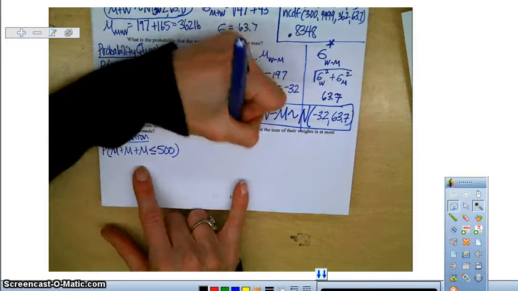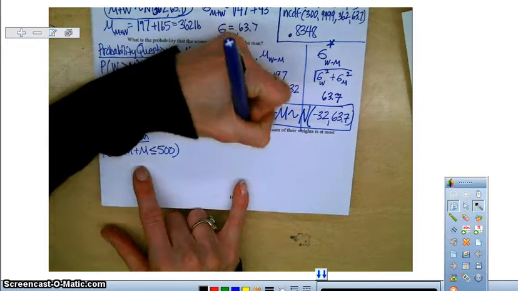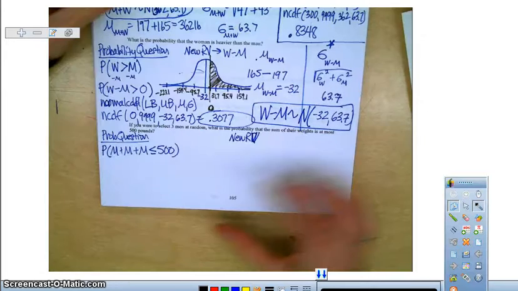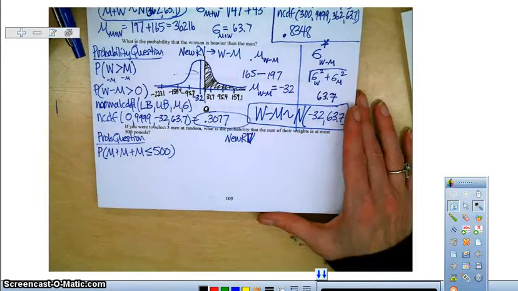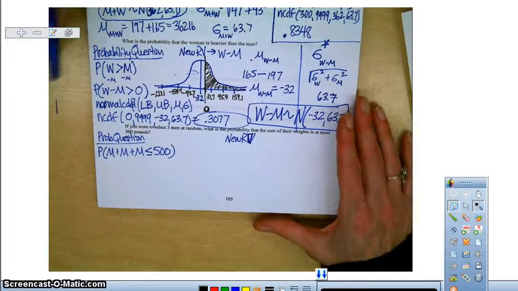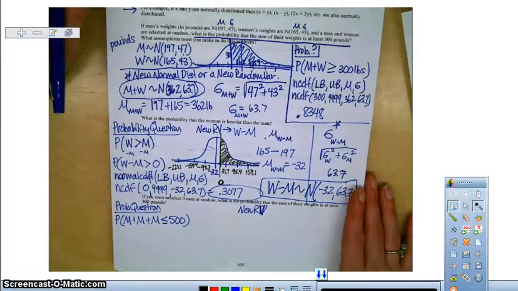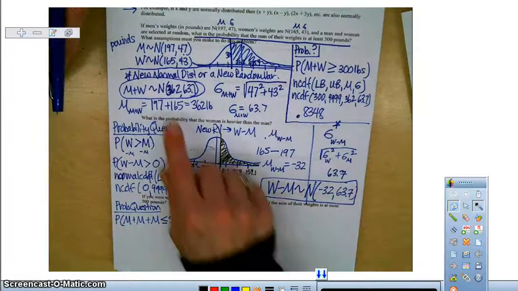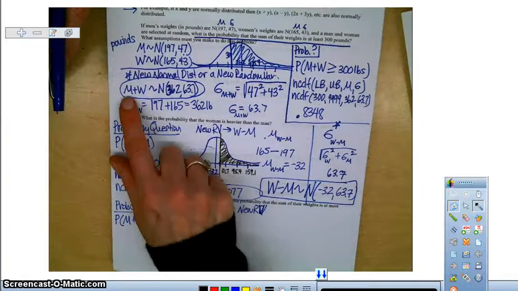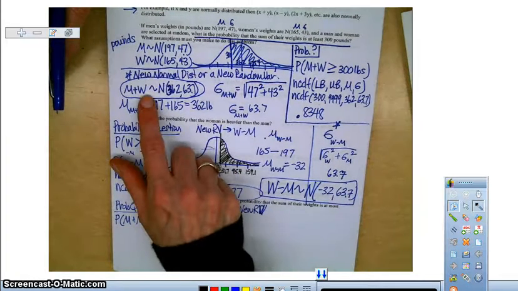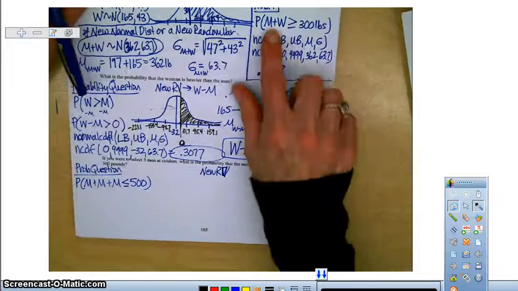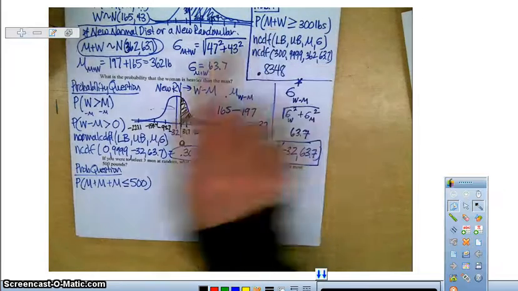What is my new random variable I need to define? Okay, well let's look for some consistency in the other problems that we just did. I needed to define the sum of 2 weights, so I wrote M plus W. That was my new random variable.